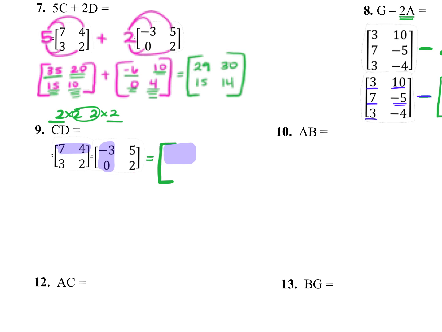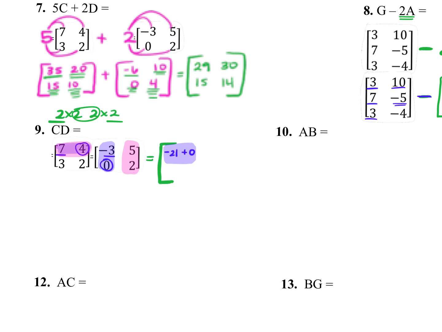So here's what you do. 7 times a negative 3, so negative 21, and we're going to add to that the second part. 4 times 0 is 0. That's going to be your top left. Okay, now go first row, the second column, and do the same thing.